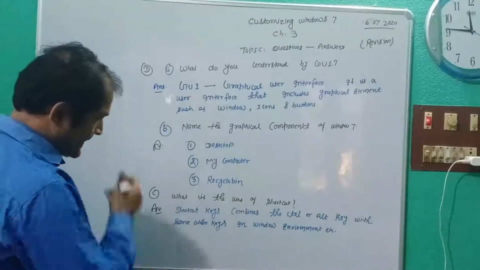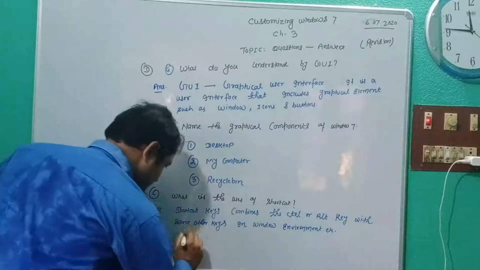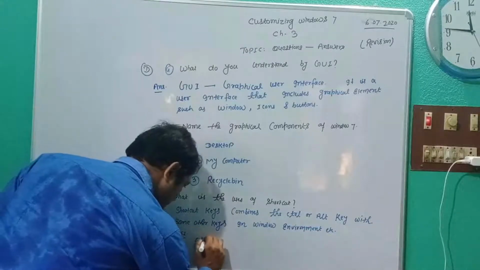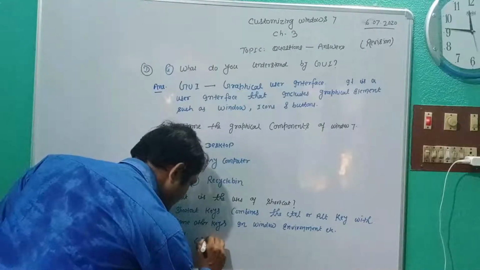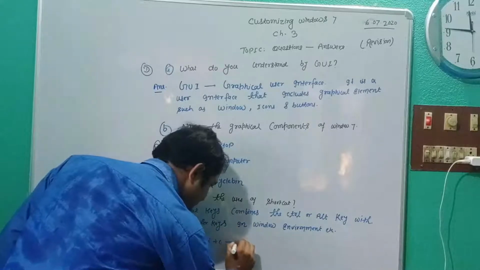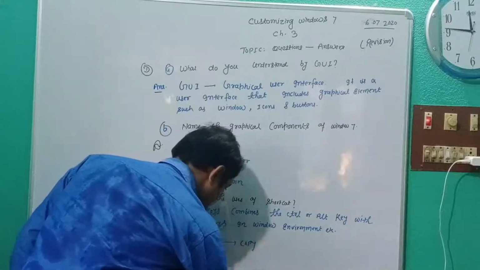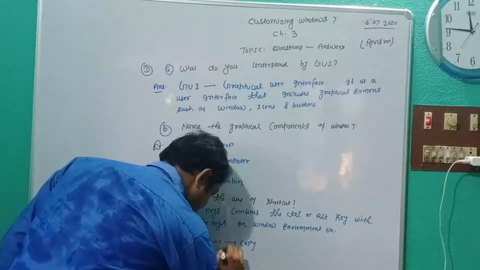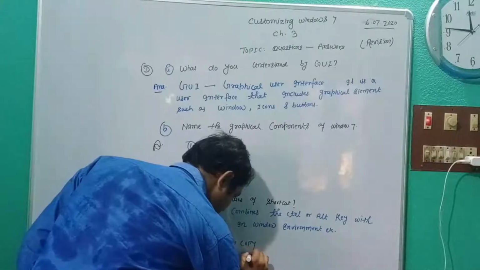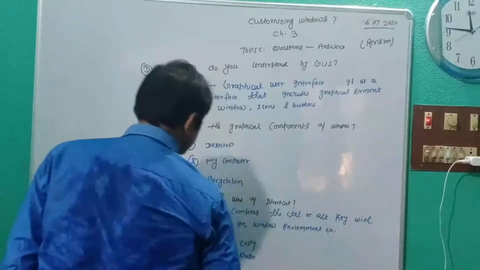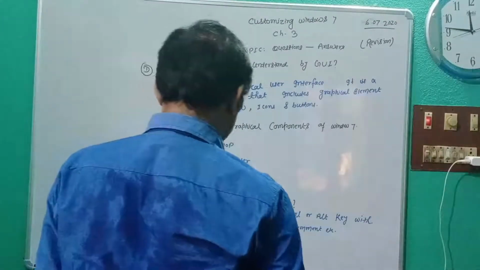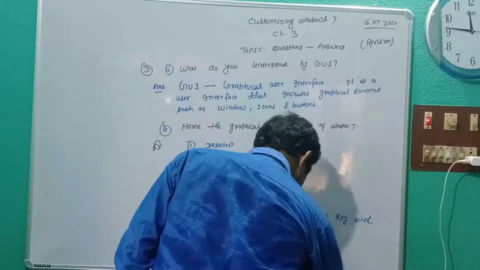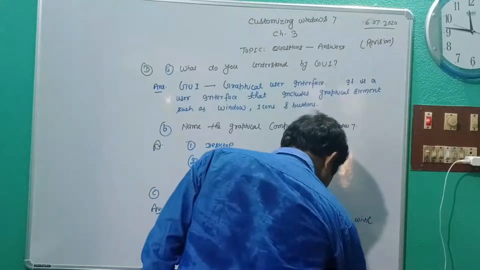My dear students, some examples of shortcut keys: Control plus C equals copy, Control plus V equals paste, Control plus B equals bold.